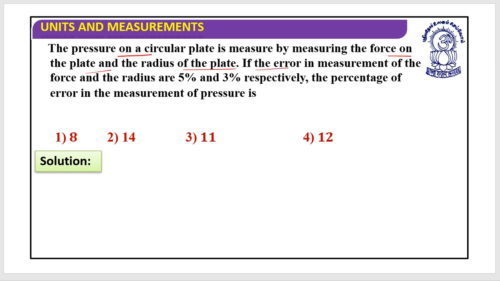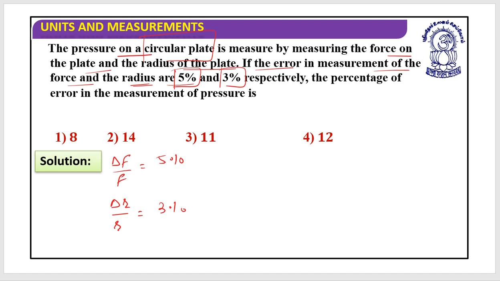If the errors in the measurement of the force and the radius are 5% and 3%, what they have given is delta F by F is 5%, and for the radius, delta R by R is 3%. It is a circular plate.